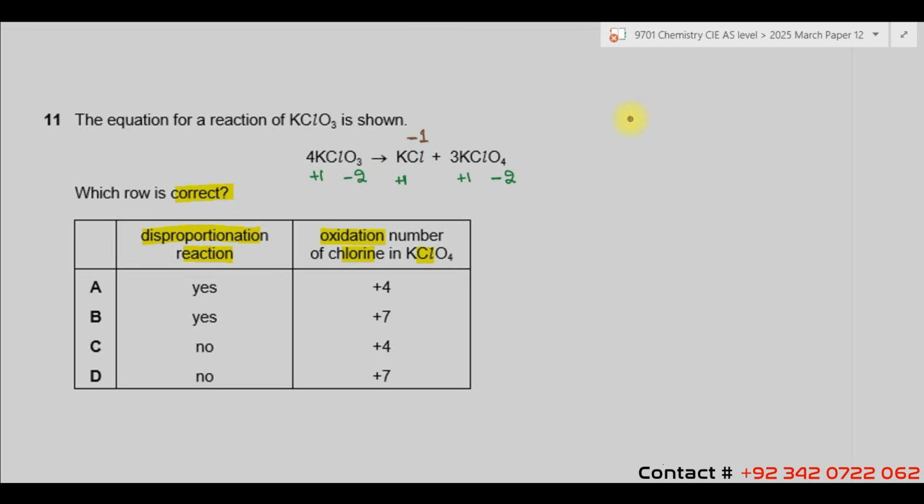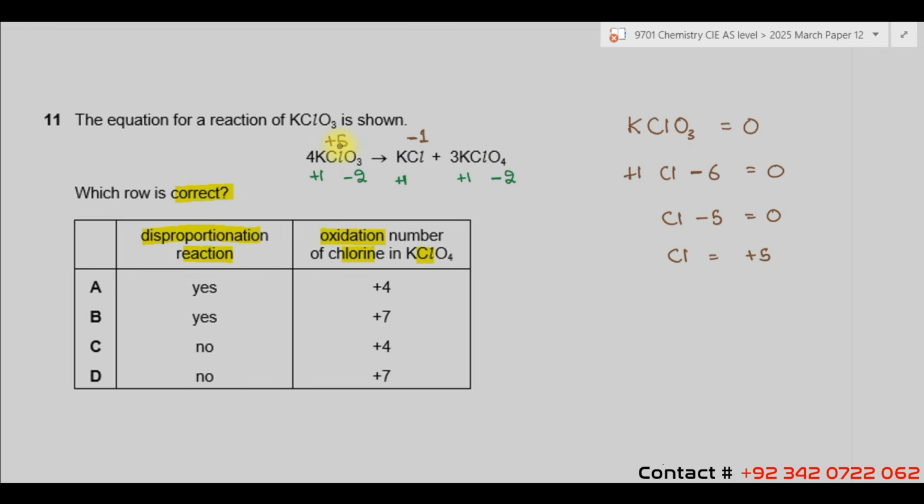Now let's look at KClO3. Overall the charge is 0. K is +1 and oxygen is -2, so 3 oxygen becomes -6. So chlorine will be +5.